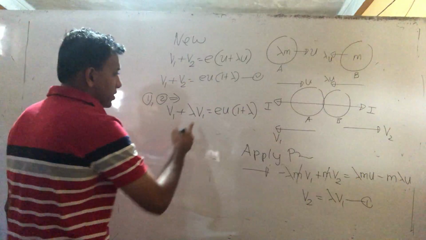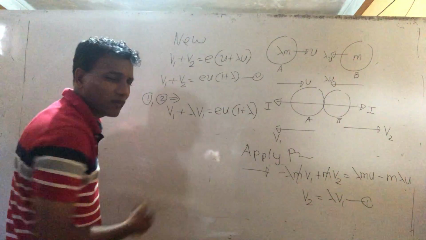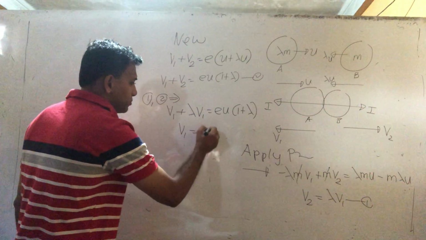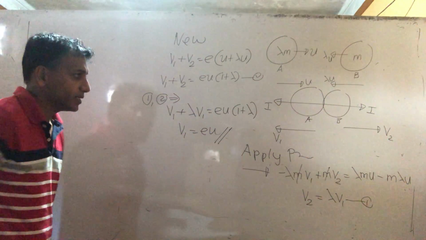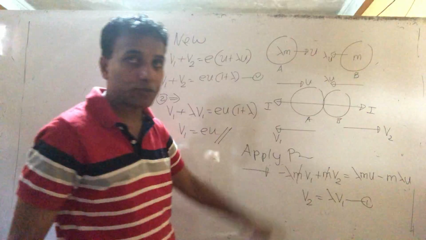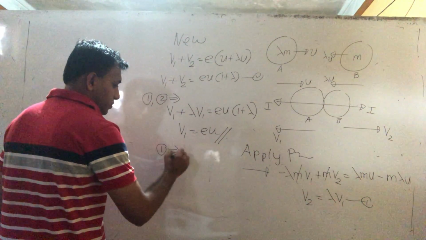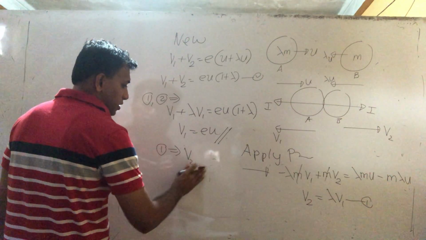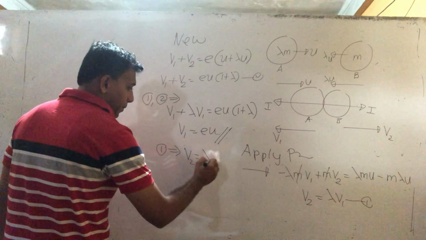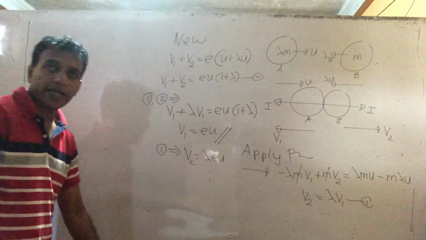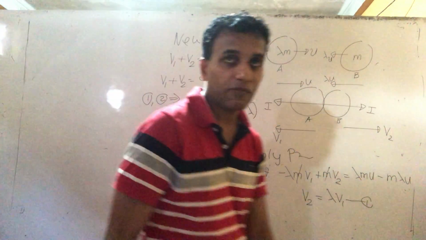Take out V1, the 1 plus lambda cancels. Therefore the V1 answer is e times u. That is this velocity, e u. What is V2? From the first equation, V2 equals lambda times V1, so lambda e u. These are the respective speeds after the collision.